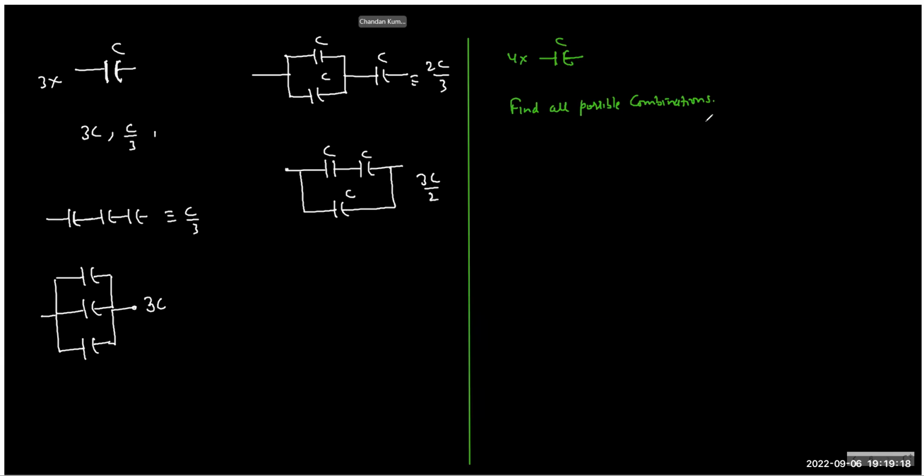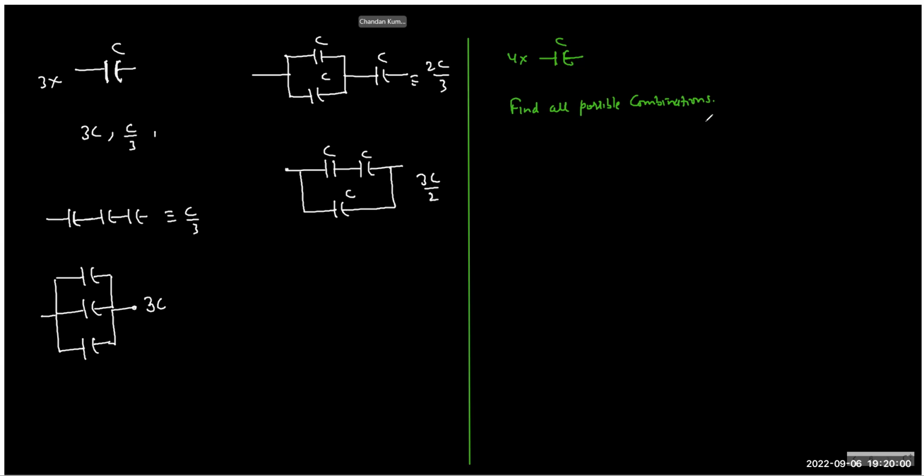Imagine you want to add 1 extra. What are the ways in which you can achieve this?